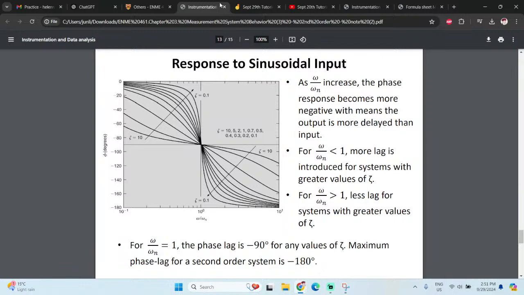Is that the same definition as output amplitude at steady over input amplitude? So does that mean input amplitude is the max? It's not actually input, but you can say it's the maximum peak amplitude.